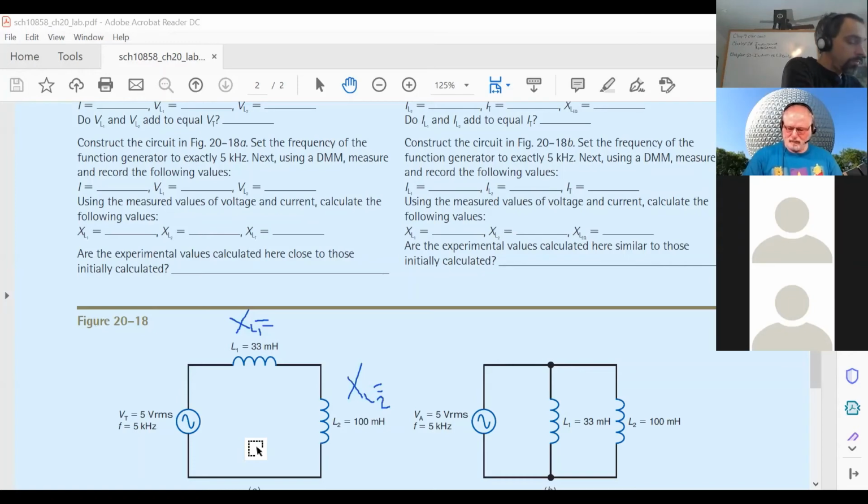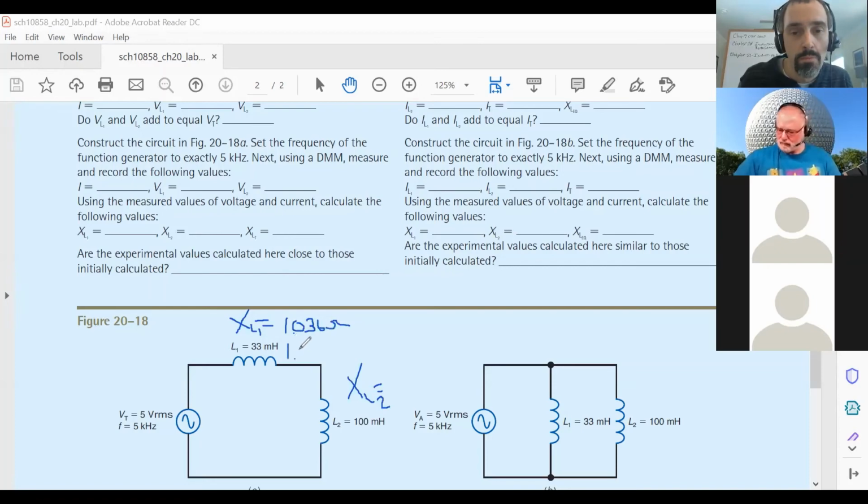XL1, I got 1036. Okay. 736. No, 1036. Okay. And XL2 is 3141.